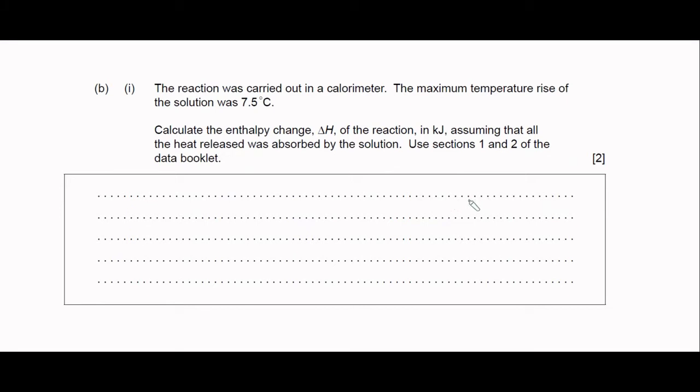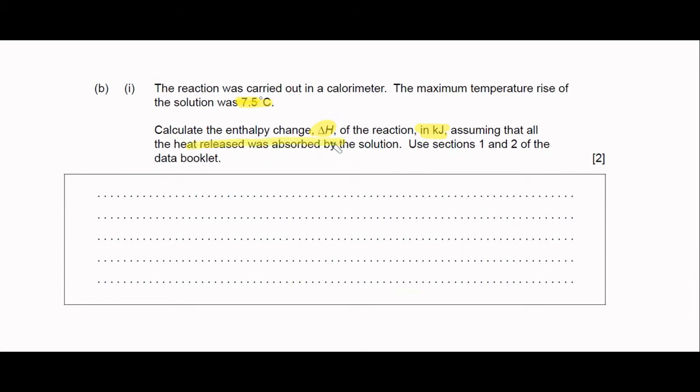The reaction was carried out in a calorimeter. The maximum temperature rise of the solution was 7.5 degrees Celsius. Calculate the enthalpy change of the reaction in kilojoules. It is asking us to calculate the enthalpy change in kilojoules, assuming that all the heat released is absorbed by the solution.